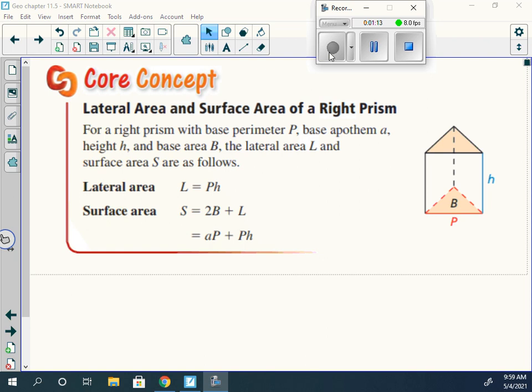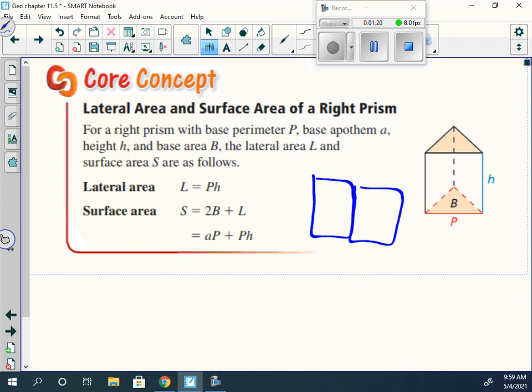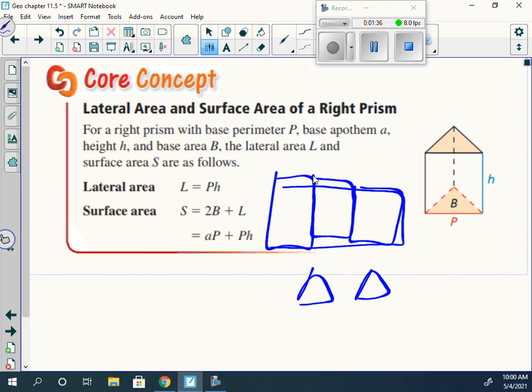Because if we take this prism here and each one of those different faces and put them right next to each other, we actually just get a rectangle. Because for most prisms, the lateral faces will be a rectangle. And then it just leaves us with our two bases, and we take whatever those areas are and add them together.